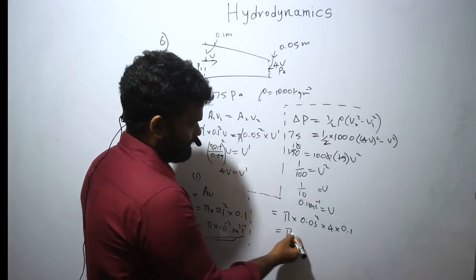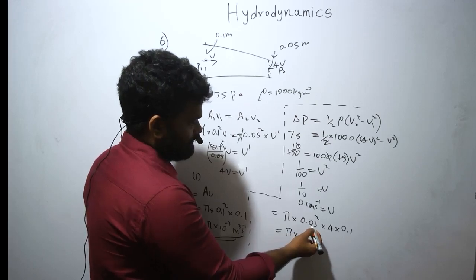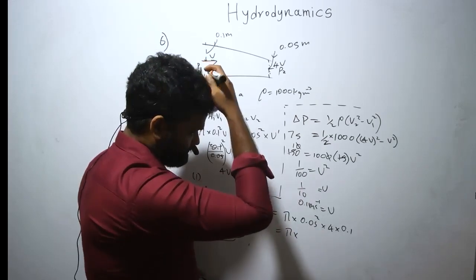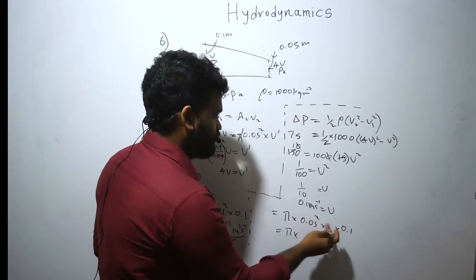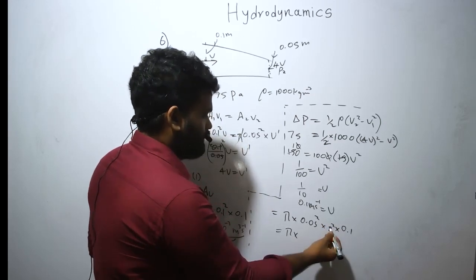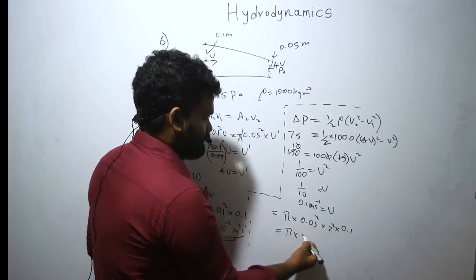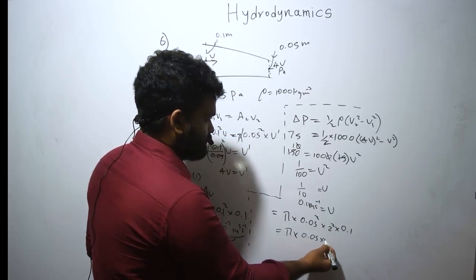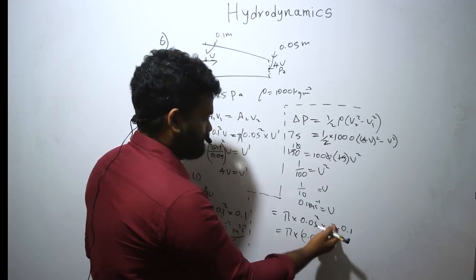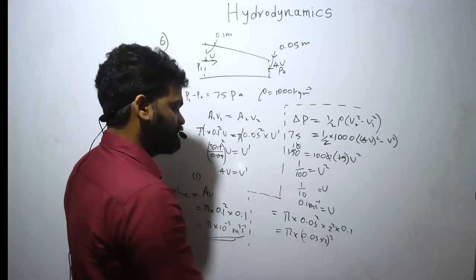Then pi times, you can consider that 4 to be 2 squared, okay? Then 0.05 times 2 squared. You can take these powers to one bracket.